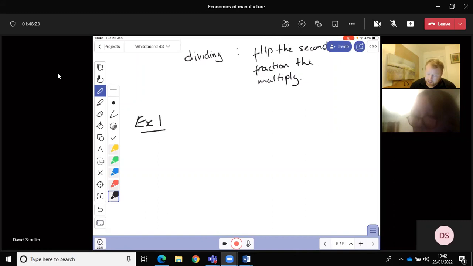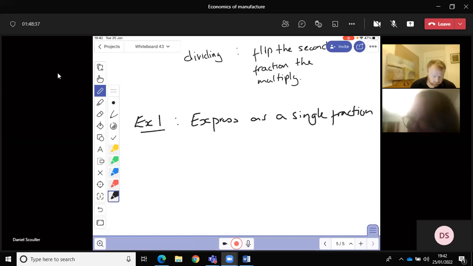The question in the exam will always state, express as a single fraction in its simplest form. That's a wee reminder just to make sure that you are simplifying it down, each part.